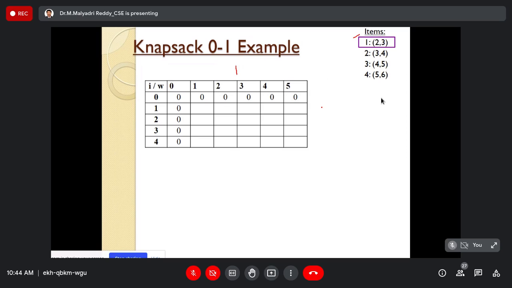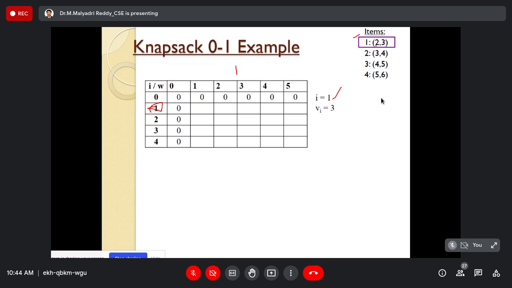This is item 1, right? Yes, sir. Clear, sir. What is weight 1? This is the profit value 1. P comma W, sorry, weight comma profit.